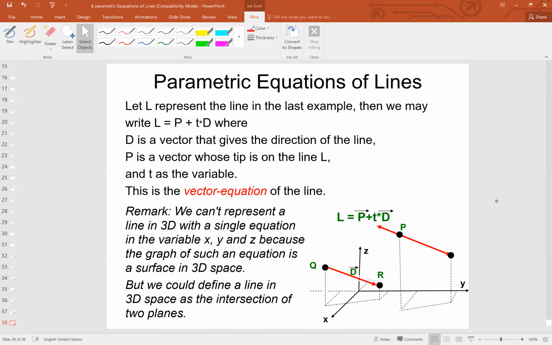We can create two equations of two planes intersecting at the line, and that's another way to define the line. That's it. We'll talk about lines and planes in the next sections.